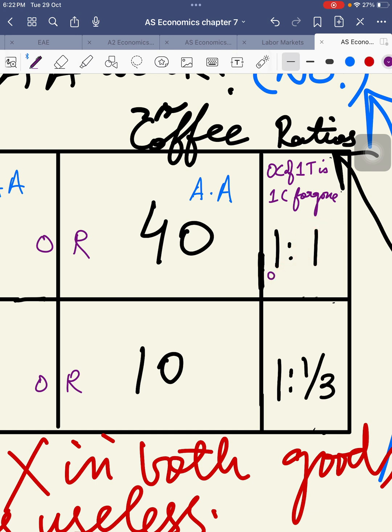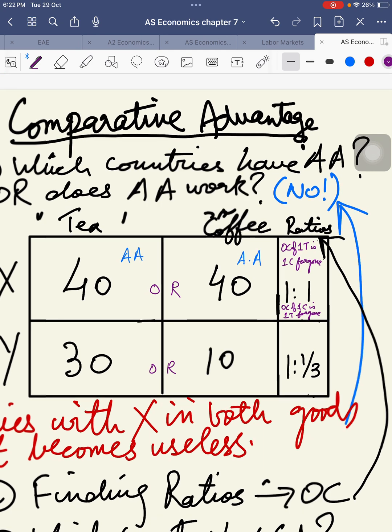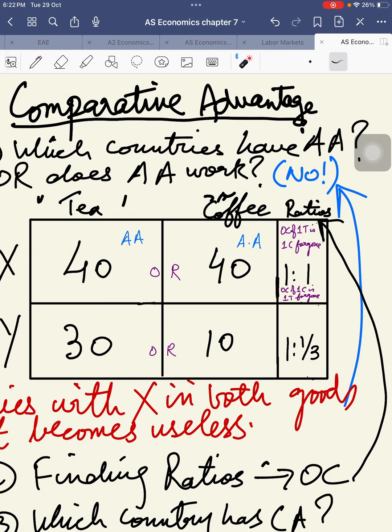Straightforward. So, the opportunity cost of country X of producing 1 tea is 1 coffee forgone. This is what 1 is to 1 means.